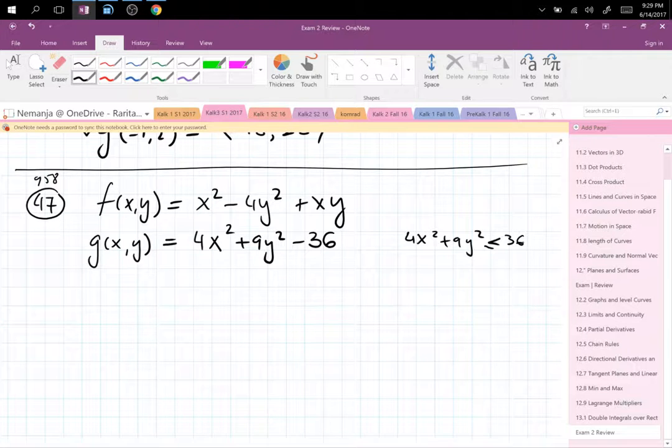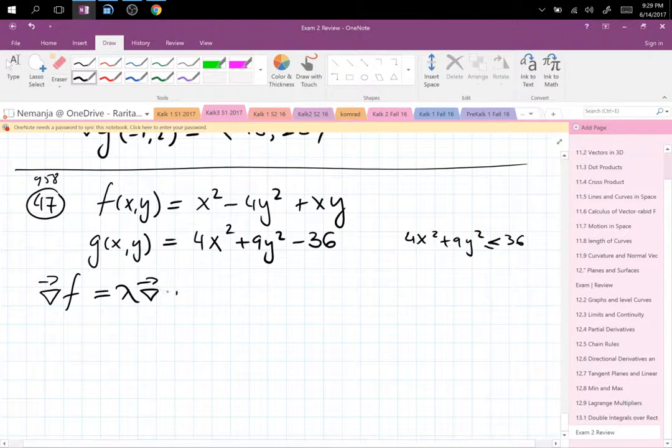So to solve that boundary part, we use Lagrange. There we go. Partial derivative with respect to x is 2x plus y.